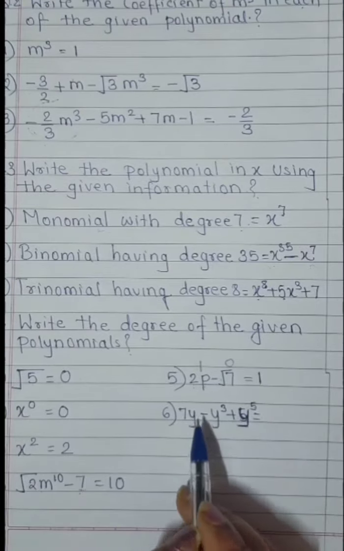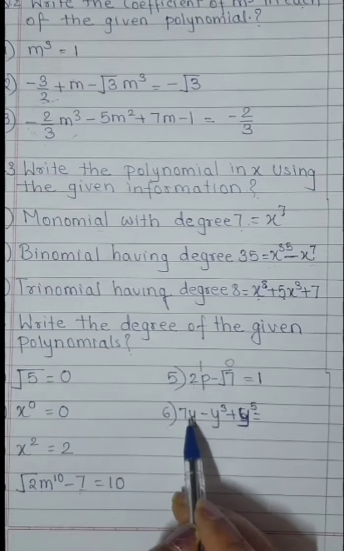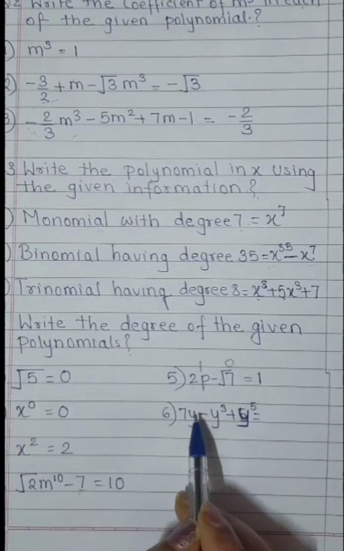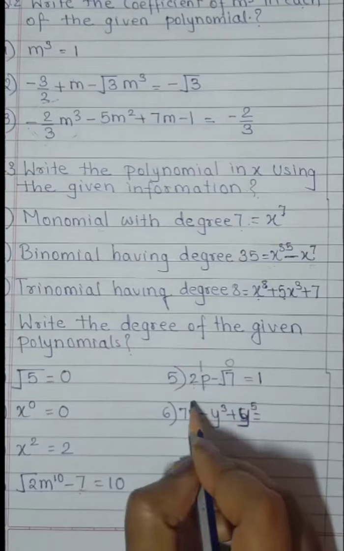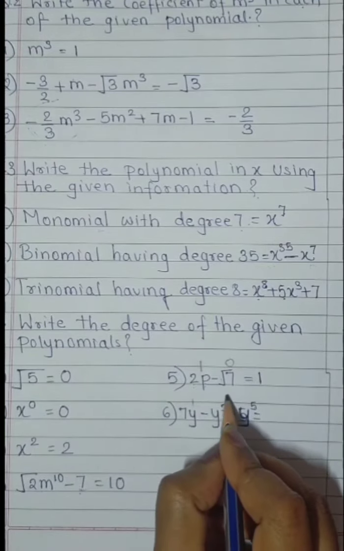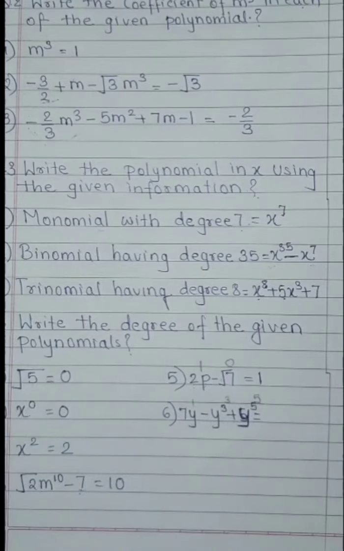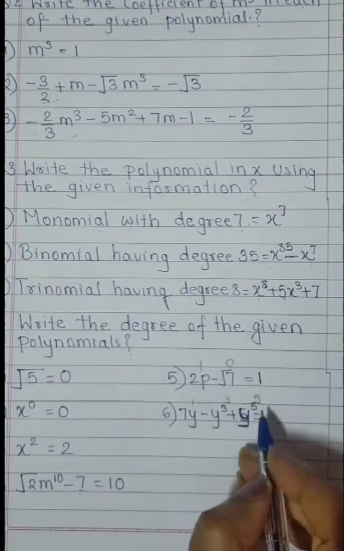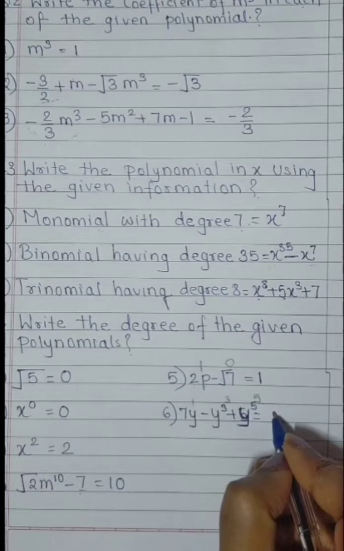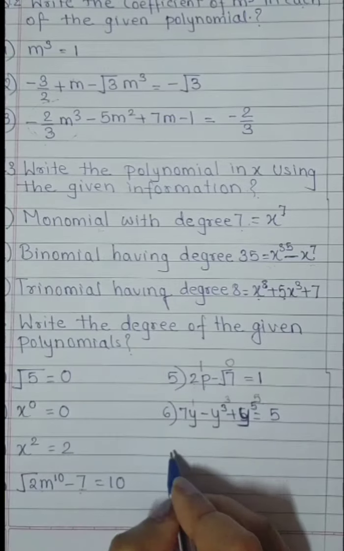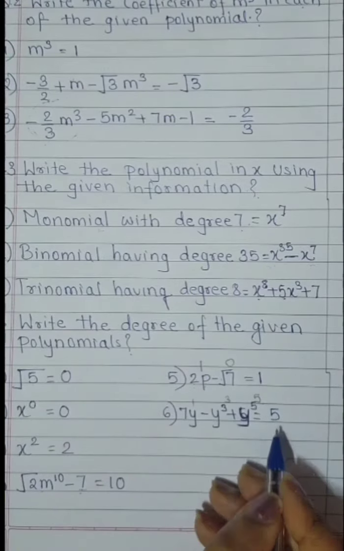So here as you can see, there is no degree. First we will consider as a 1. This is 3 and here 5. So here the degree of trinomial is 5. Okay, the degree of trinomial is 5.